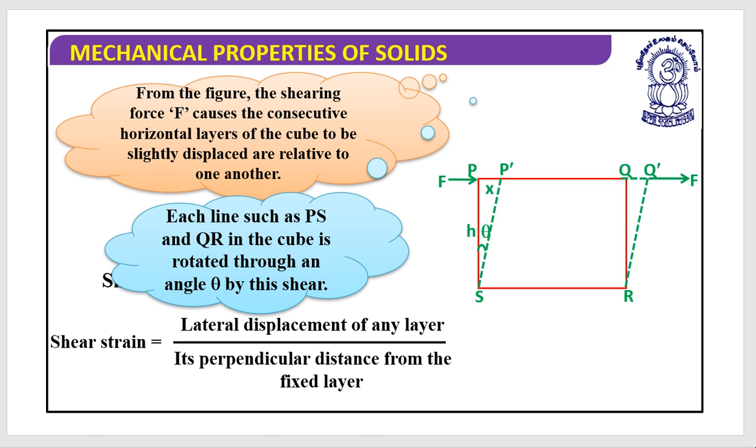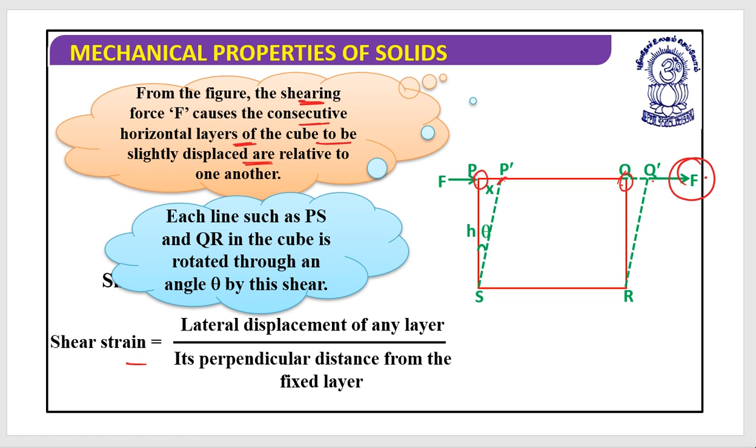From this figure, the shearing force F causes the consecutive horizontal layers of the cube to be slightly displaced relative to one another. As you can see, due to this force, this point P has been shifted to P dash, and this Q has been shifted to Q dash. So there is a change in the shape of an object, and this is what shear is all about.